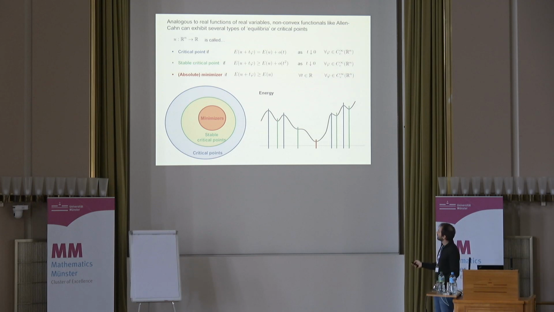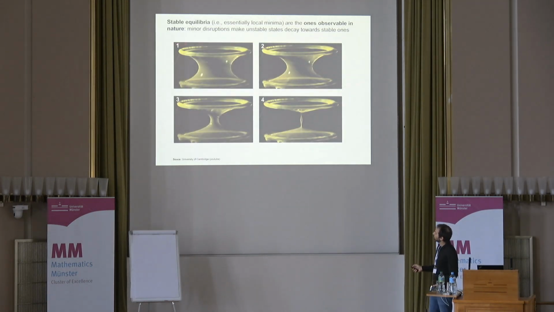And this stable critical point, as we said before, is very relevant because it's the points that you can see when you build a minimal surface with soap in your house, right? Well, I don't know, I have children and I do this.